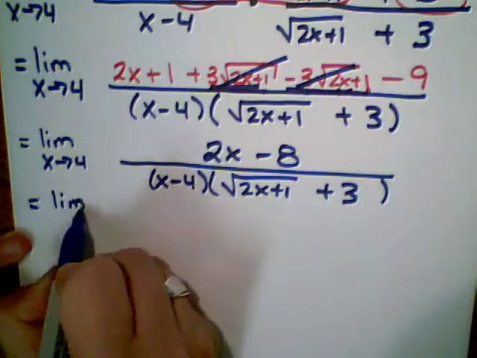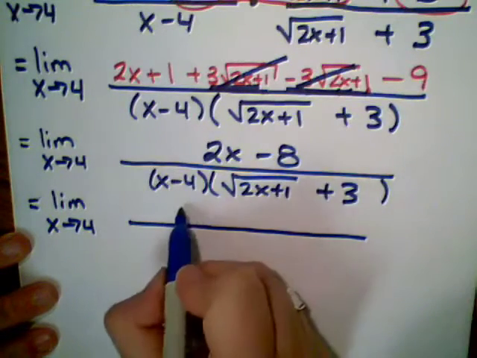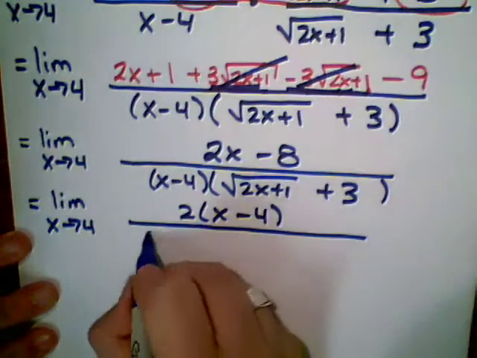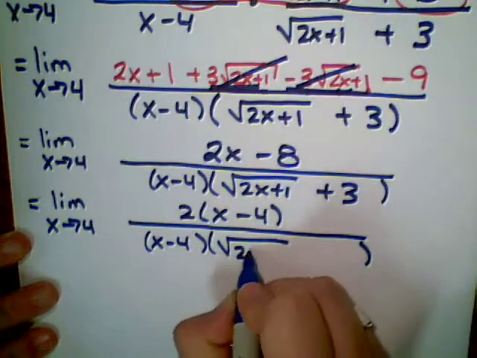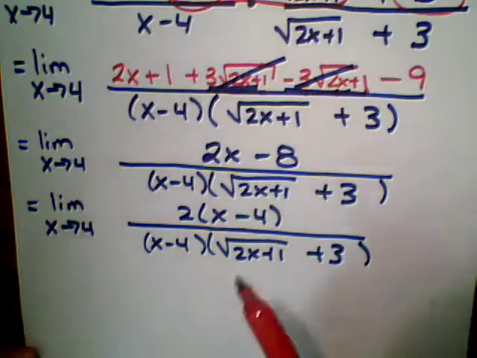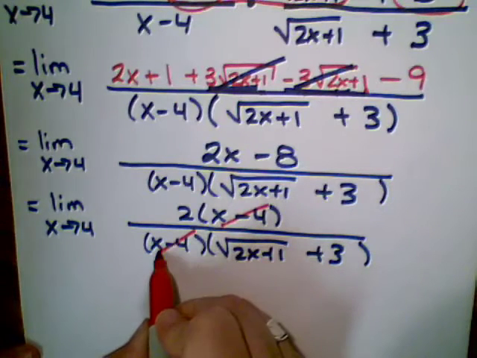You might recognize in the top we have a common factor. What is that common factor? 2. When we factor out a 2, we're left with x minus 4 in the parentheses. That's helpful. Okay. We remember from the first example, it's okay to cross out x minus 4 divided by itself.